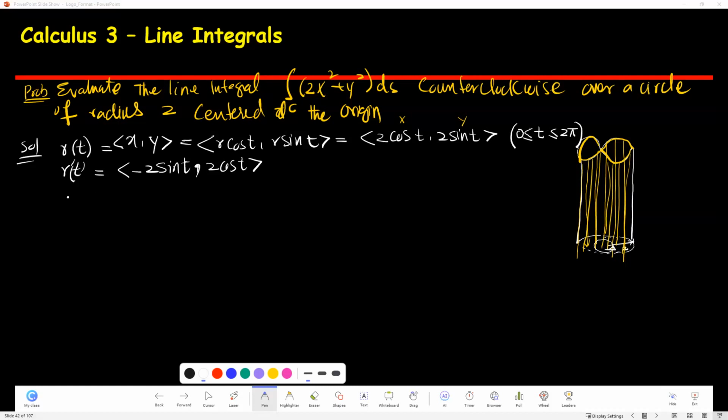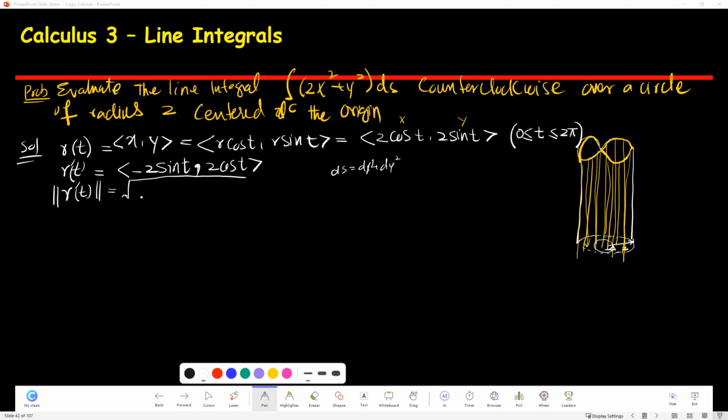I need to find the magnitude. You can do ds equals the square root of dx squared plus dy squared, or you can find the unit vector through r. It's pretty much the same thing. I'm doing pretty much the same thing, just a different way.